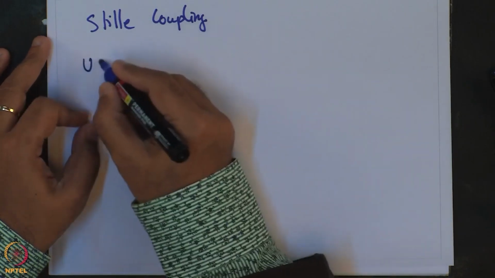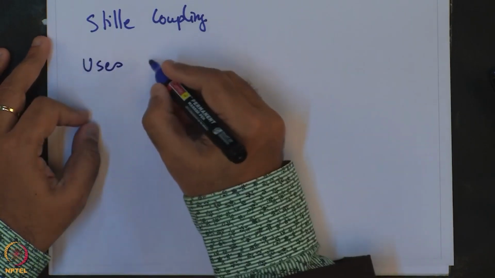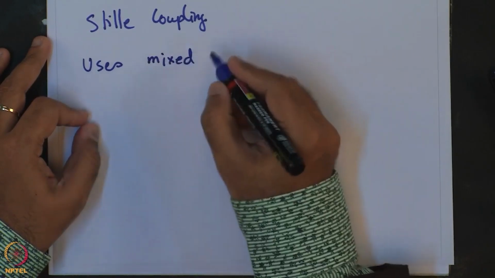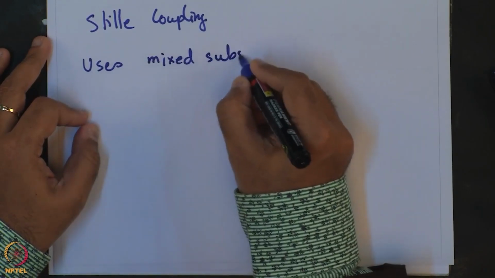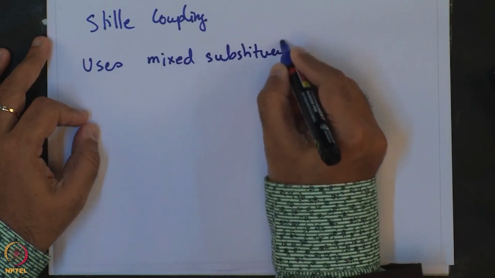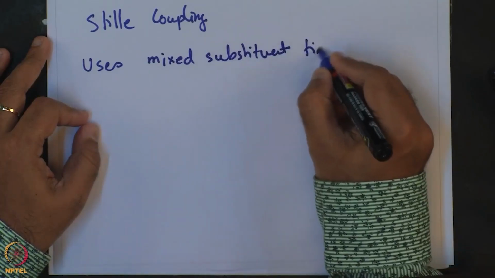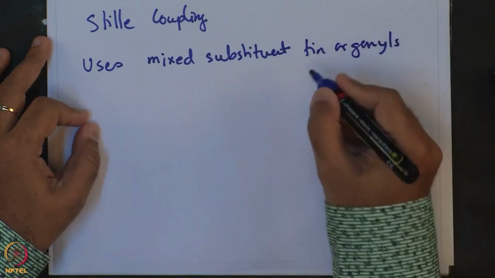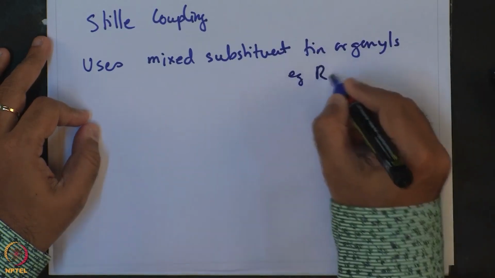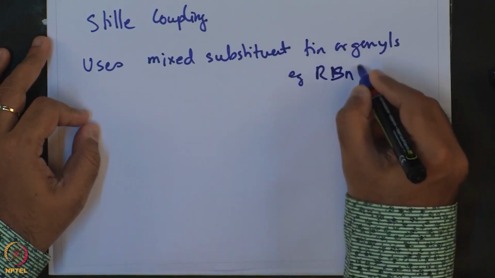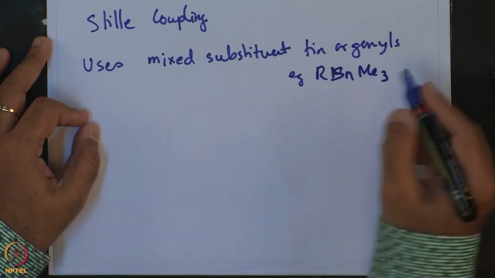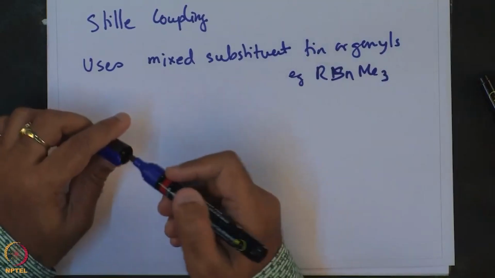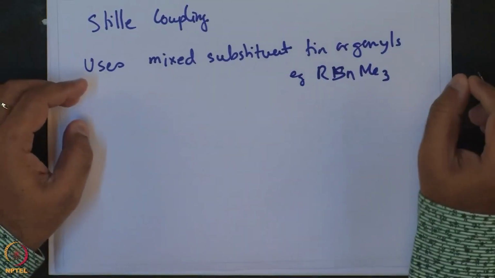It uses mixed substituent tin organyls. Example, R-SnMe3. So there are two different kinds of organic moiety attached to tin.